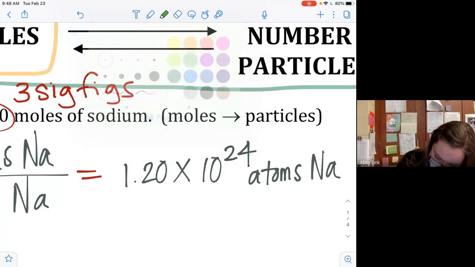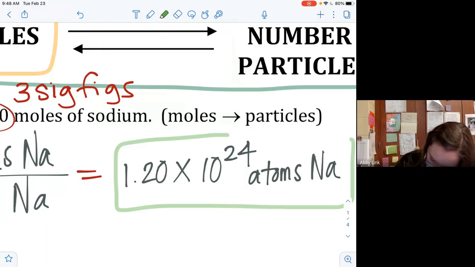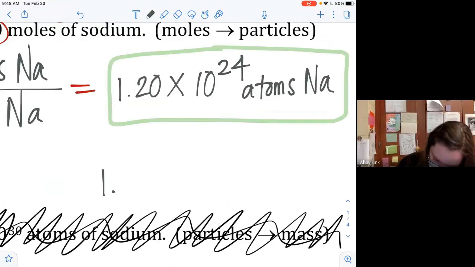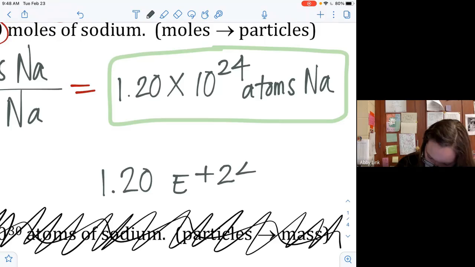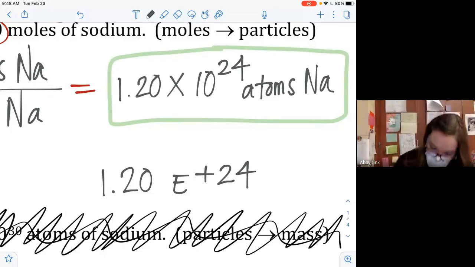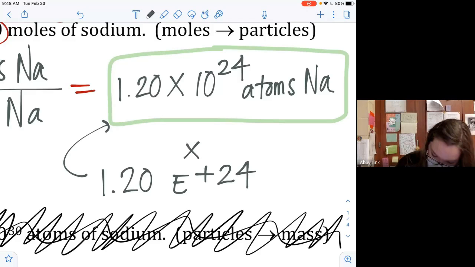Now, someone in first block said in their calculator they got something that looked a little like this: 1.20 E positive 24. That's calculator speak. What that means is times 10 to the positive exponent of 24.